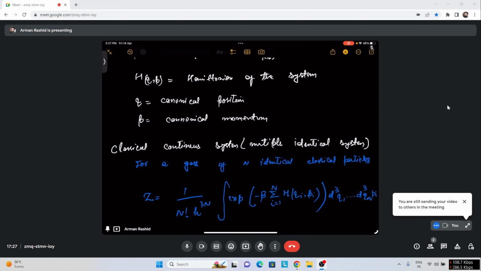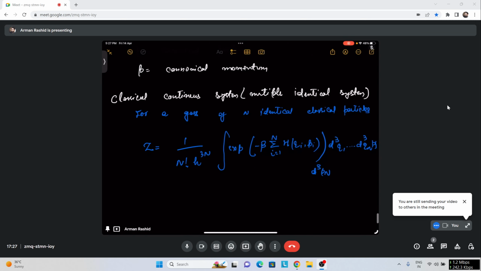Then we have d3p1 up to d3pn. Here we have some new thing that is called d raised to power 3, d cube.